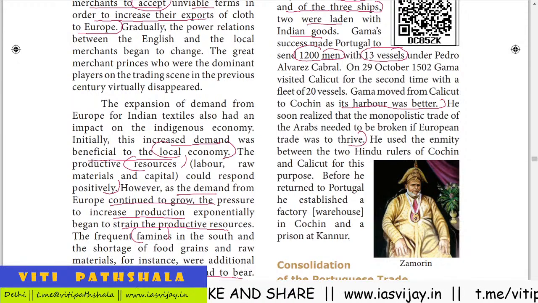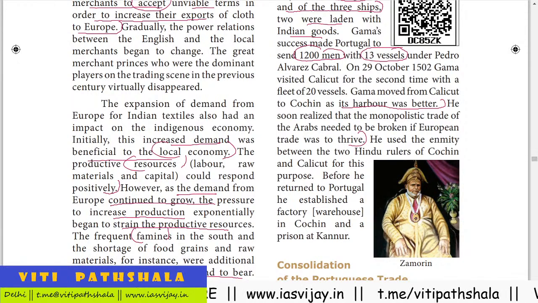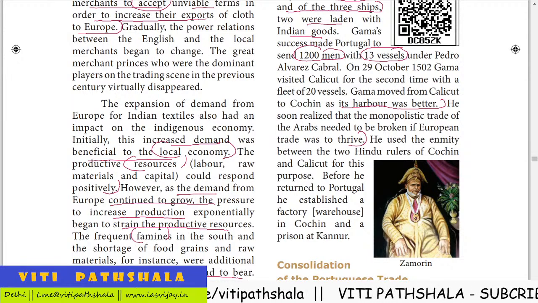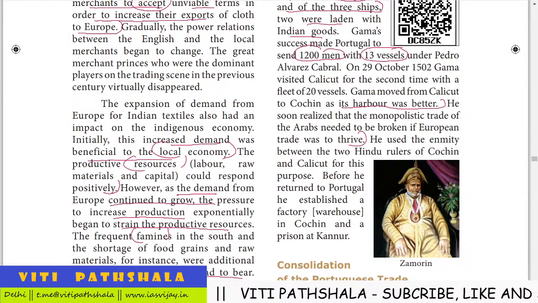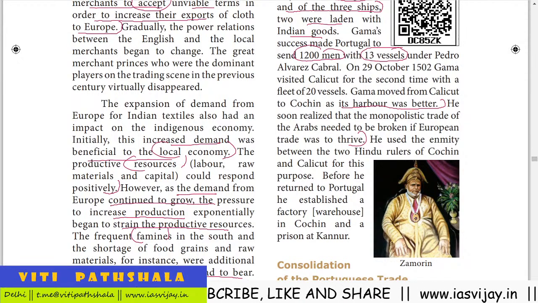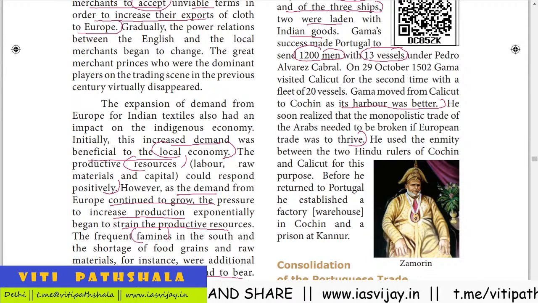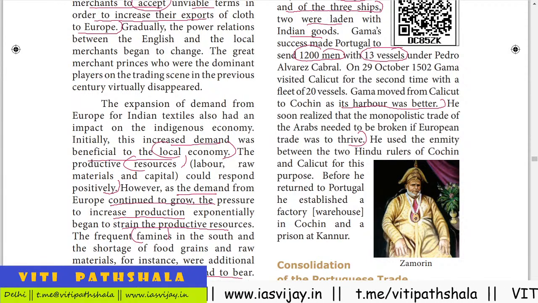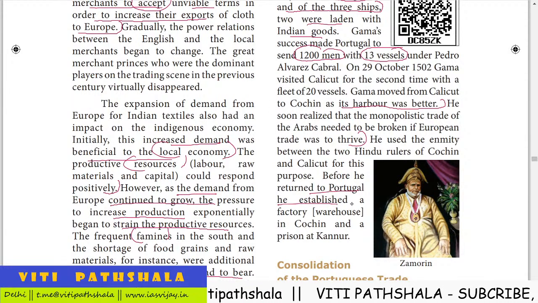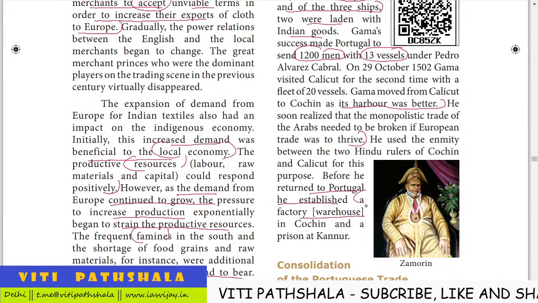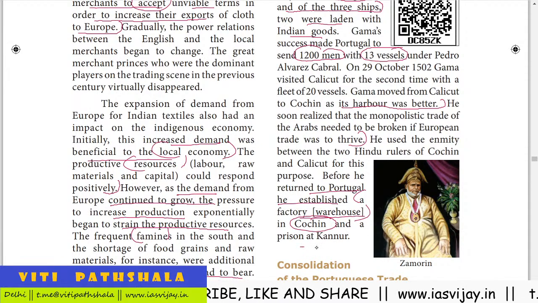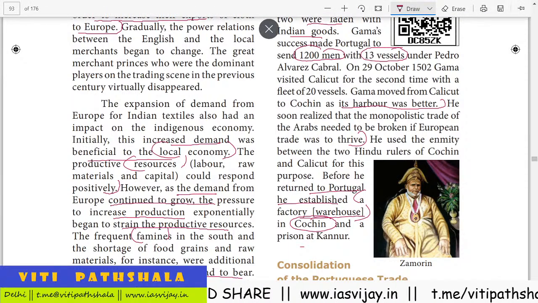Now he used the enmity between the two Hindu rulers of Cochin and Calicut for this purpose. Before he returned to Portugal, he established a factory, that is a warehouse, in Cochin, and a prison at Kannur.